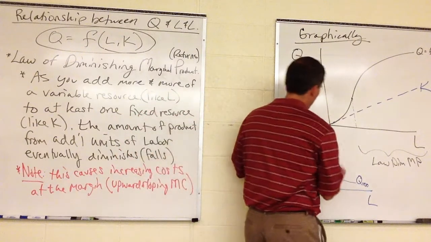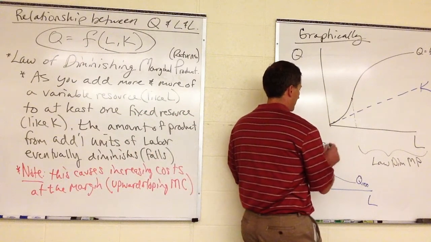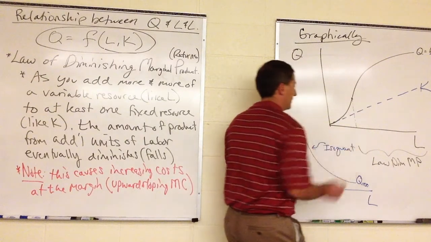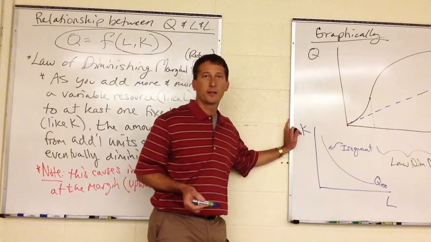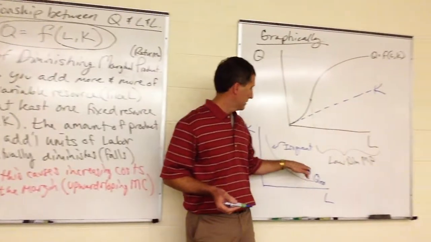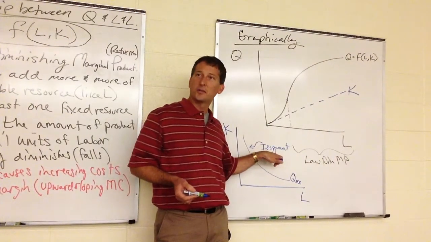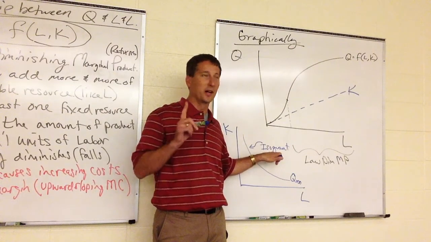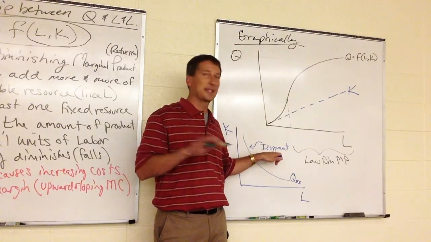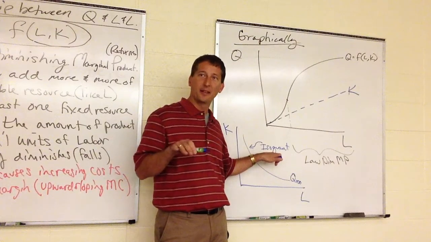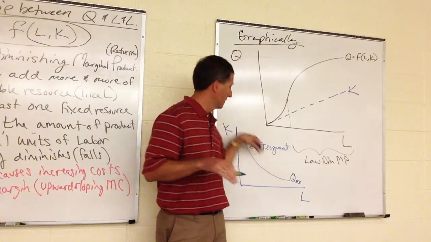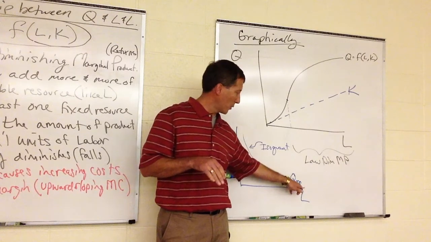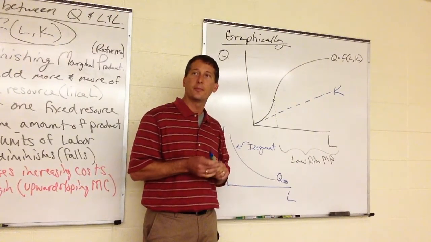So this now is called an isoquant. Iso, what do you think that means? One, same, right? So same quantity along this curve. Anywhere along this curve, the quantity is the same.